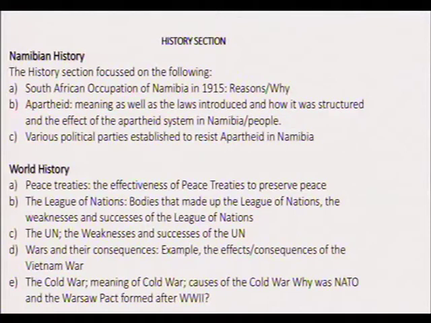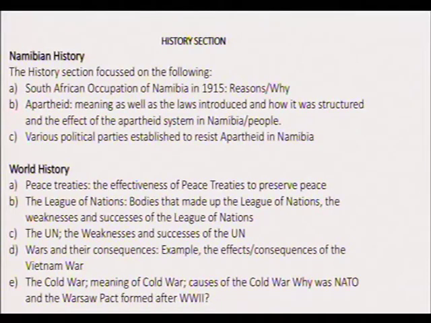The League of Nations was formed before the United Nations. So look at the bodies that made up the League of Nations, and the weaknesses and the successes of the League of Nations.